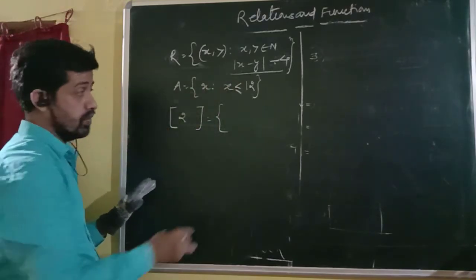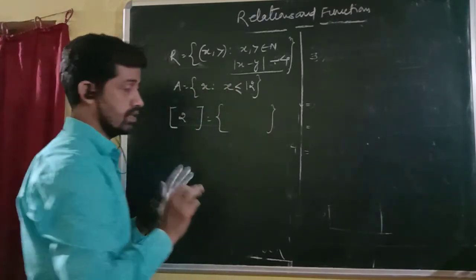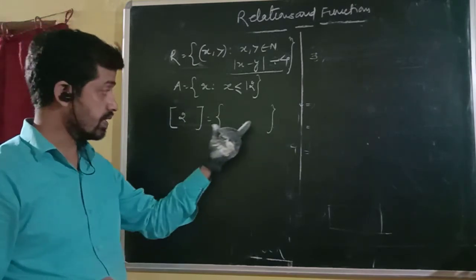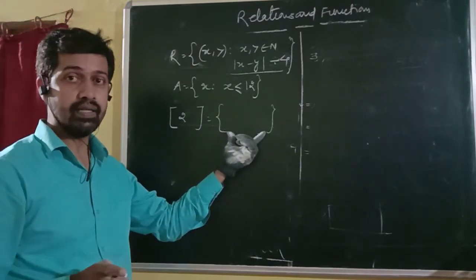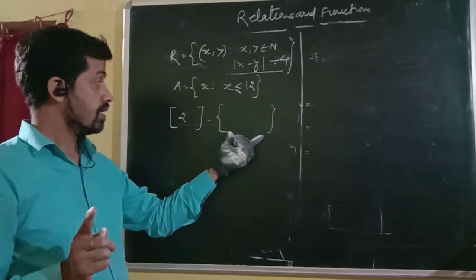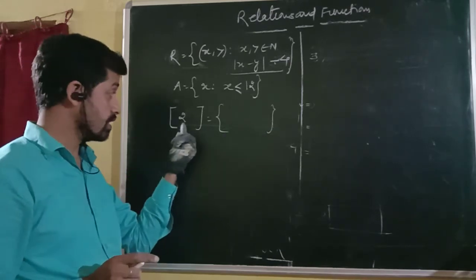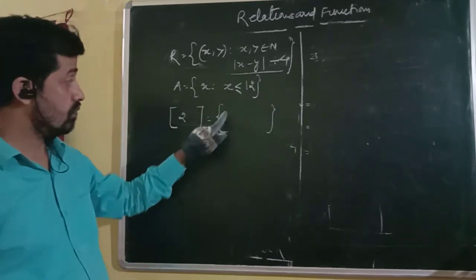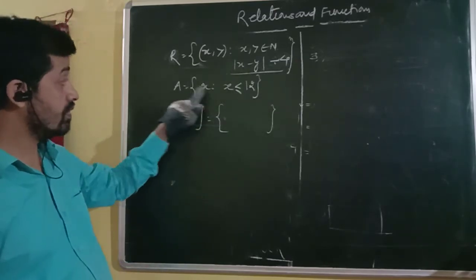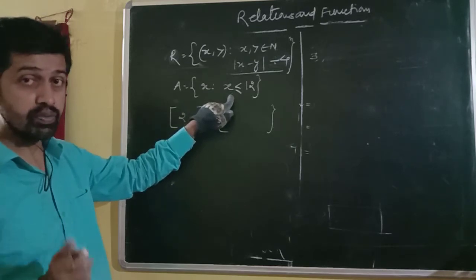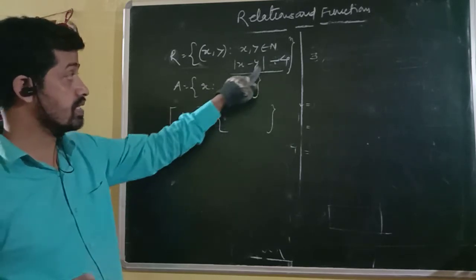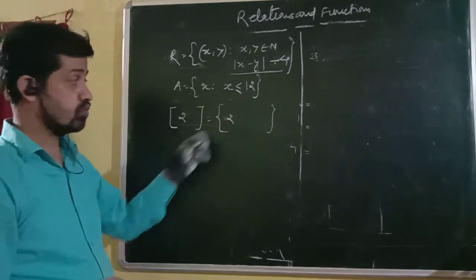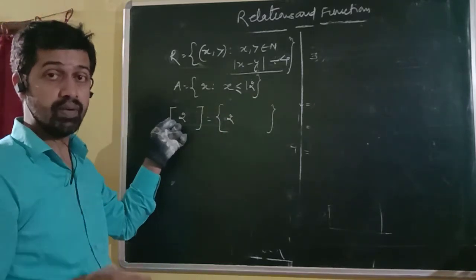Now what is here to be understood? This is your x. Here we have to find out y. The condition is what? That x minus y is divisible by 4. So the very first element of this set, we have to take such that the difference is divisible by 4. So the very first element is 2. 2 minus 2 is 0. 0 is divisible by 4.